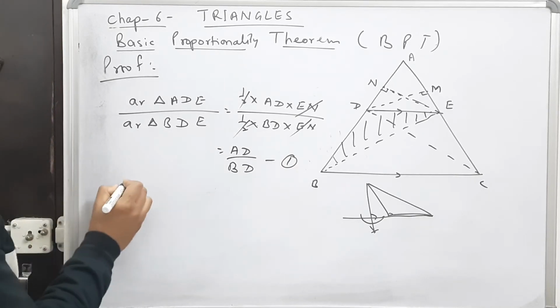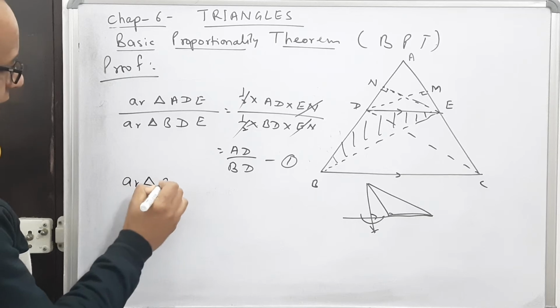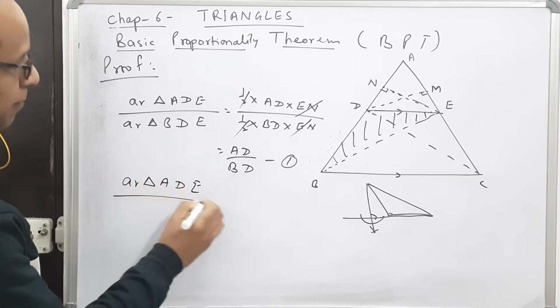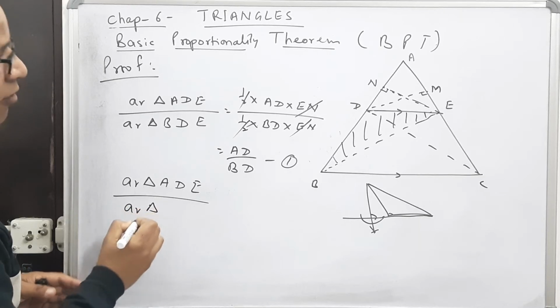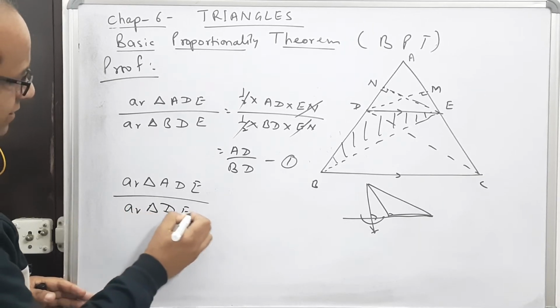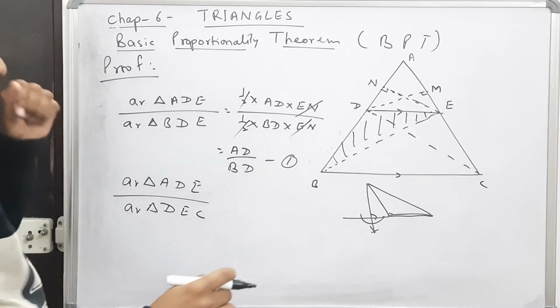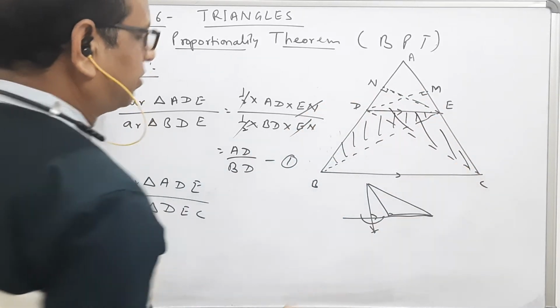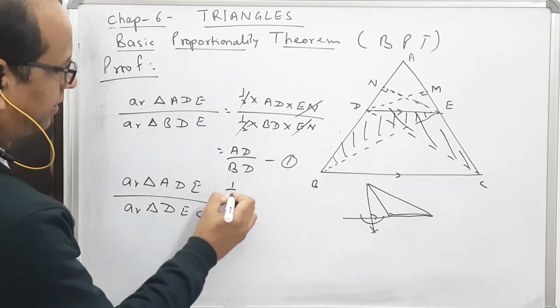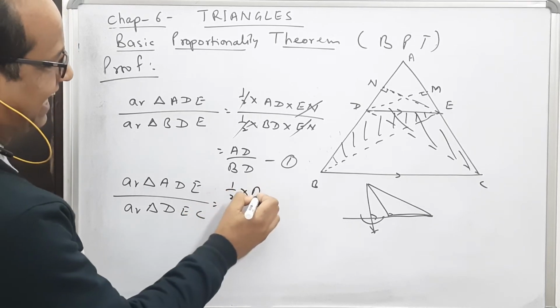Similarly, area of triangle ADE upon area of triangle DEC, this triangle. Now you see in these two, it is half into AE.